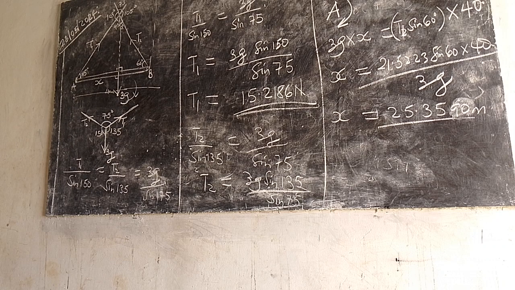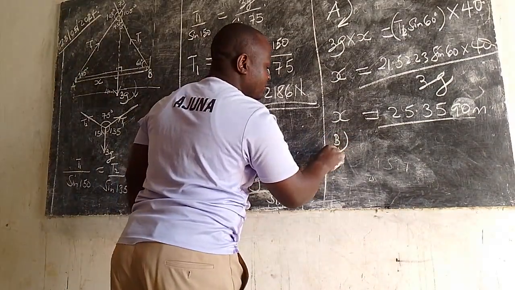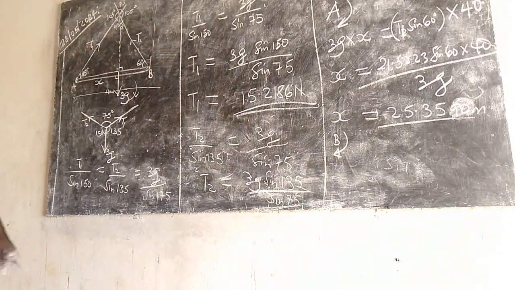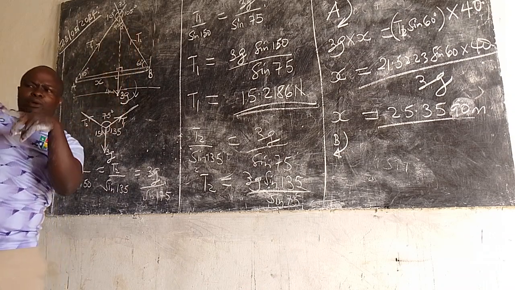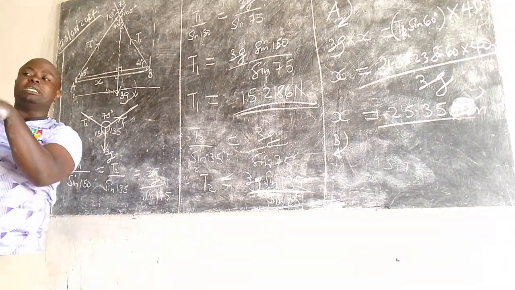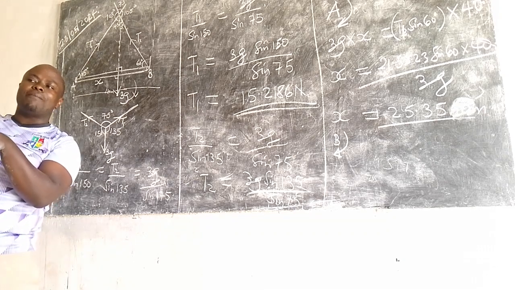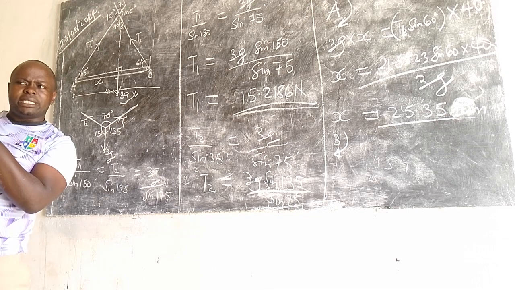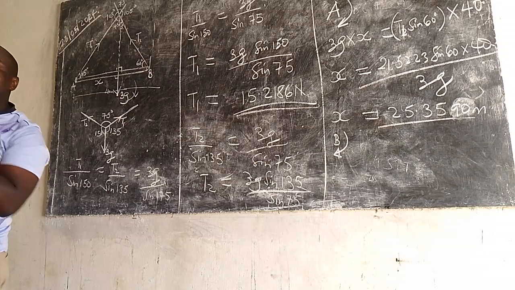Then, can I now take moments at point B? So if I take moments at point B, of course now T2 will be nullified. Because the perpendicular distance with which T2 will have to move from point B to point B is 0. And the moment of the force is the product of force and the perpendicular distance. So now, since distance is 0, when we get the force, we multiply by the distance which is 0, we shall get 0.